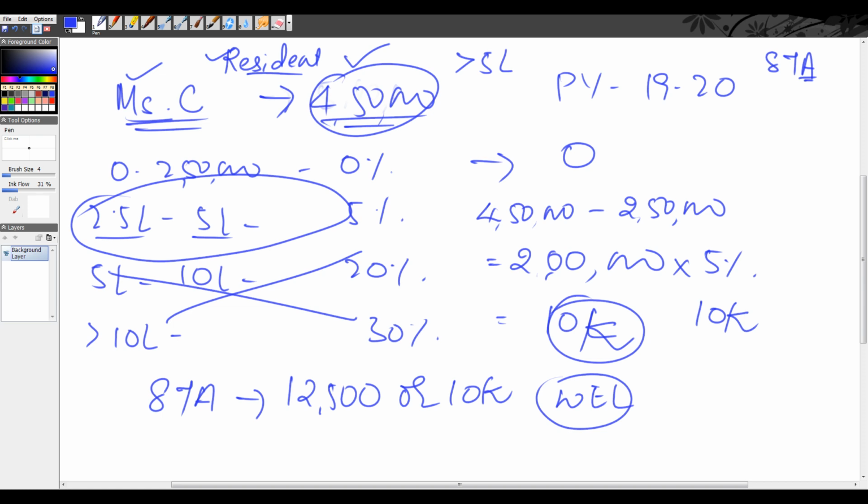So now, her tax liability is 10,000. Since 12,500 or 10,000, whichever is less, in this case 10,000 is less, we will deduct the 10,000 from the actual tax liability. So therefore, Miss C need not pay any tax at all because she has fully utilized the benefit of section 87A.